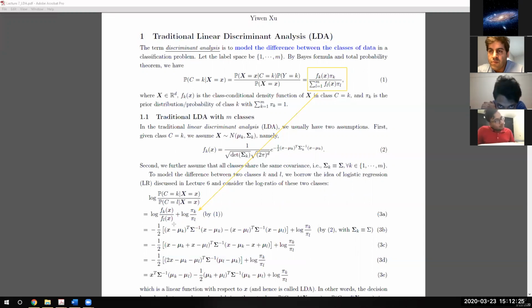The next step is that, because I have the assumption that they are Gaussian distributed with the same sigma, go back to the box with the same sigma. I can just write it in this way, because in the log of f over f, everybody can see this item cancels.